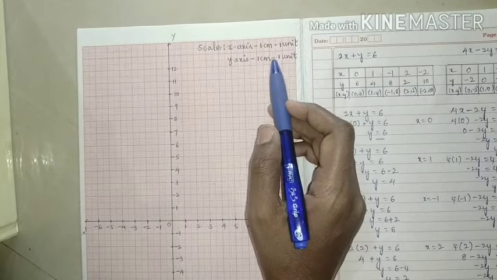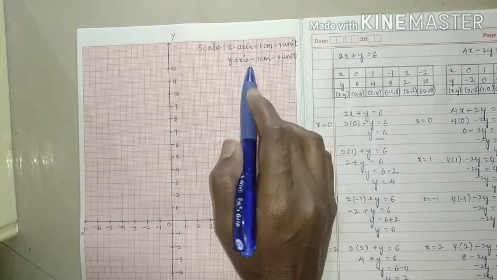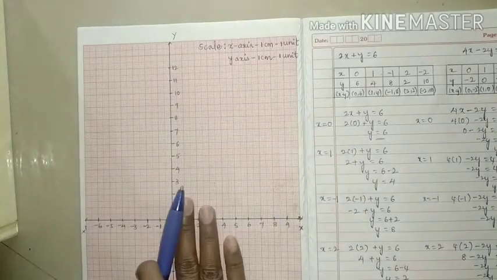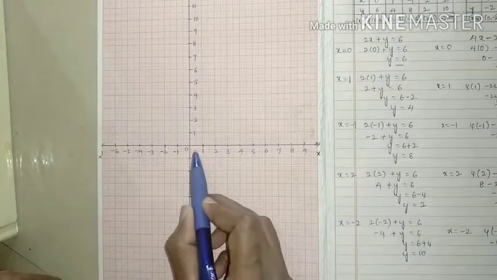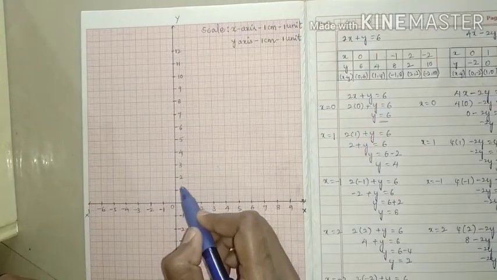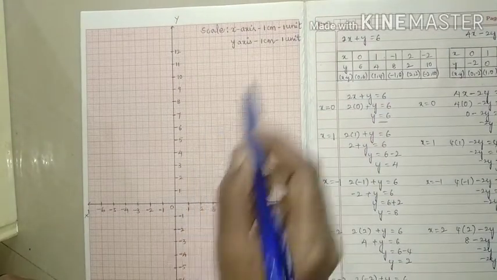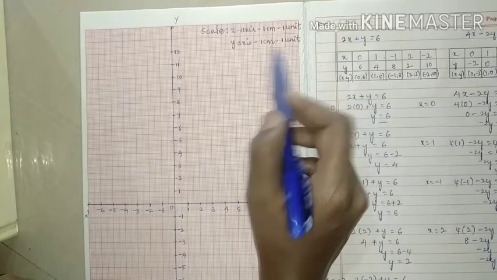So compulsory you have to write the scale before going to plot the graph. So here x-axis is 1 centimeter is equal to 1 unit. Even the y-axis also I considered 1 centimeter as 1 unit.